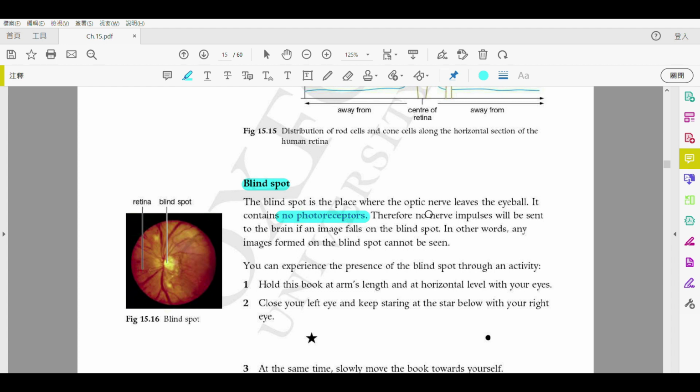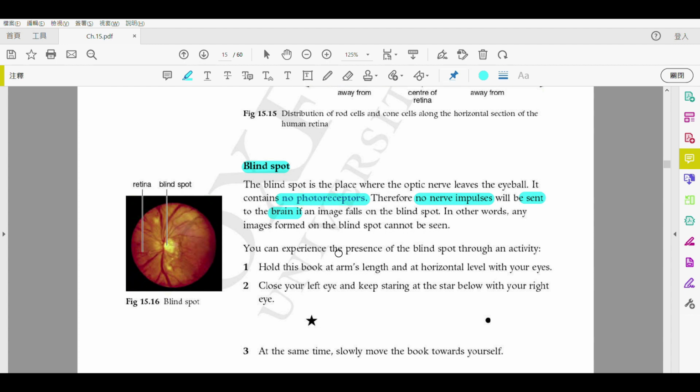Okay? But no photoreceptor, does that mean, first of all, by definition, 定義上嚟講啦, there are no nerve impulse generated and sent. 因為 photoreceptor 係 stimulated 受到刺激先至會 generate nerve impulse 㗎嘛。Since there are no photoreceptors, no nerve impulse will be generated or sent to the brain through the optic nerve, right?